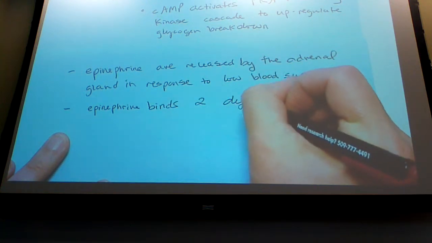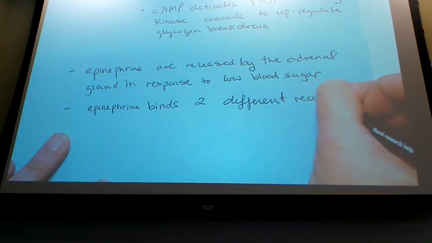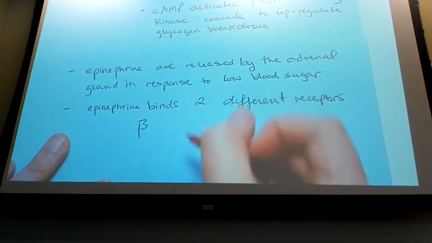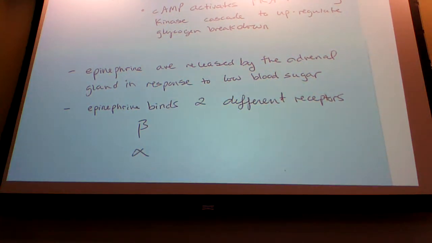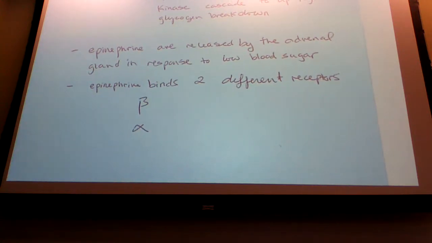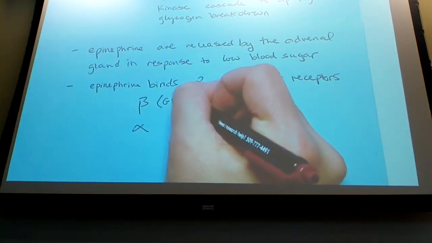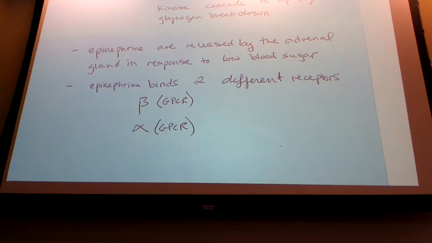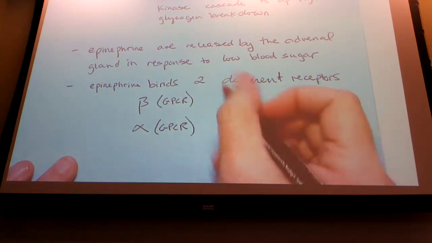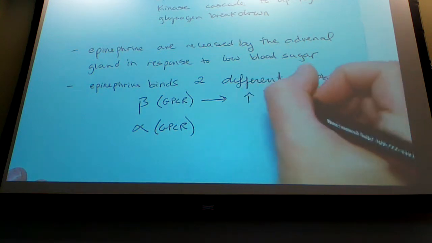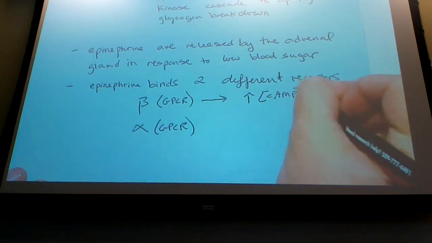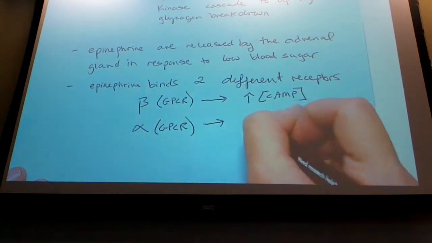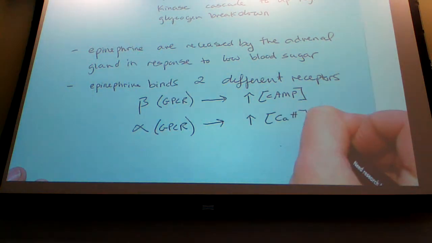Two different receptors: a beta receptor or an alpha receptor. Okay, these are both still G protein coupled receptors. The beta receptor is going to lead to an increase of cyclic AMP levels as well. And the alpha receptor leads to an increase in calcium levels.